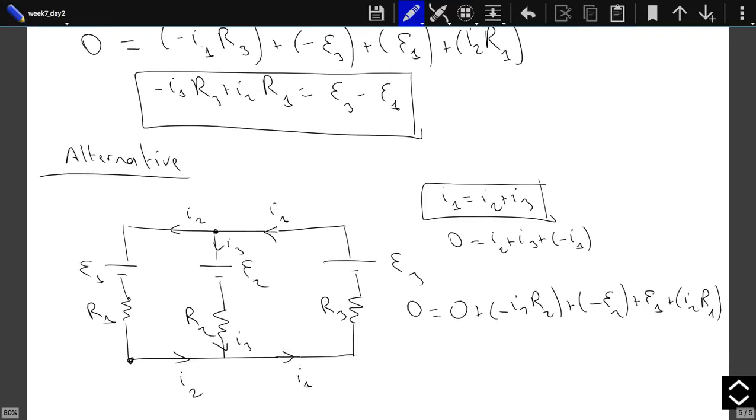Now let's look at the other one. Okay, let's start from this point. Again, from this point to this point, the potential drop is 0. From this point to this point, the potential drop is plus I1 times R3.